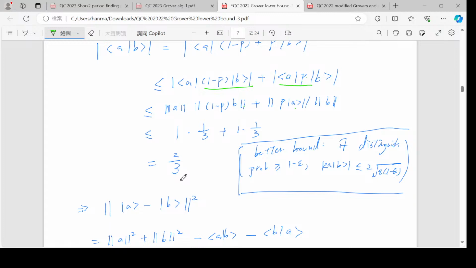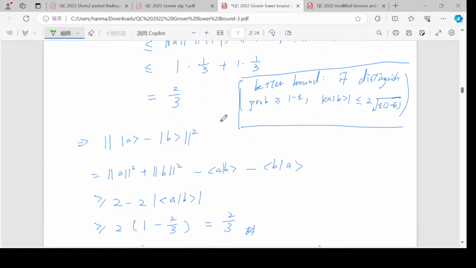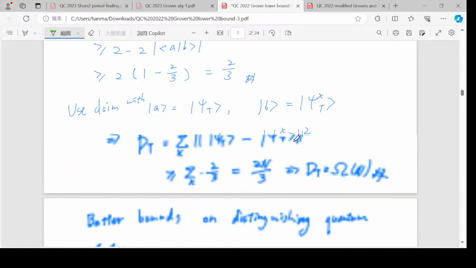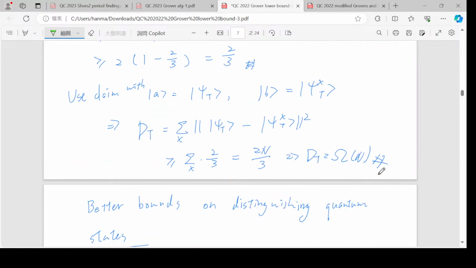Okay, so the inner product is at most 2/3, and that means this distance measure is at least some constant too. Okay, and so that completes our lower bound for the search problem.